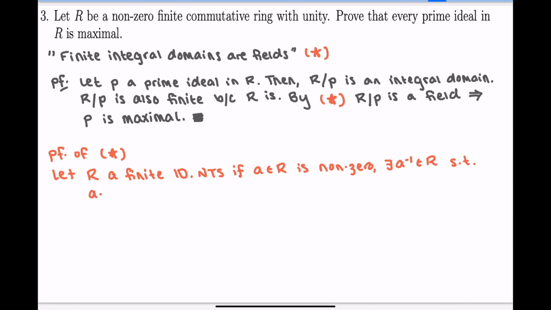such that a inverse times a is 1. This is commutative, so if it's a right inverse, it's also a left inverse. This is the identity for multiplication, so the unit. All right, so that's what we need to show.